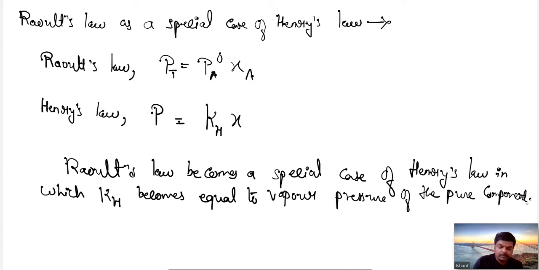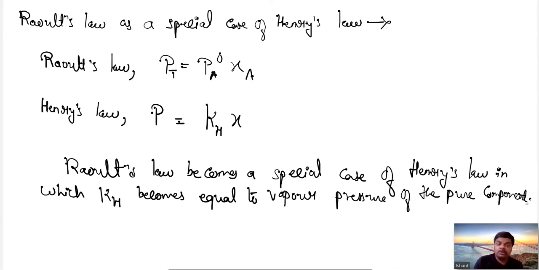In practice, in a solution where the solute behaves ideally according to Henry's law, the solvent also behaves linearly according to Raoult's law. However, the reverse is not necessarily true. It is not necessary that a solution which follows Raoult's law must always follow Henry's law also.